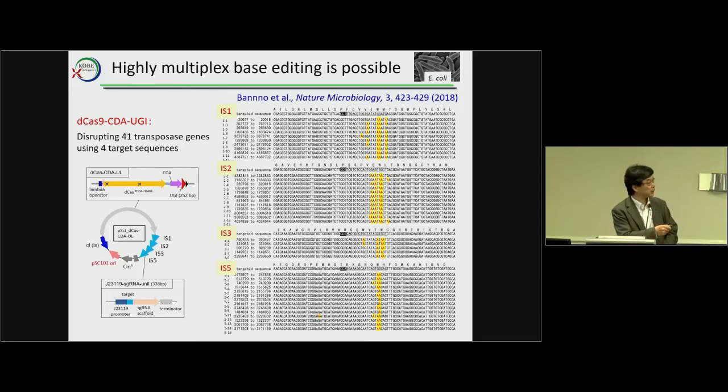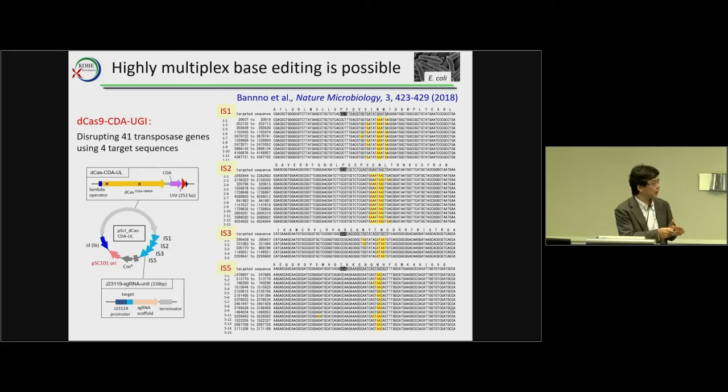In this case, we utilize the transposase gene. We use 4 different sequences, and in total this transposase has 41 copies in the genome of the E. coli. So by utilizing these 4 guide RNAs, we can actually introduce the 41 edits in just one round of this kind of editing system.